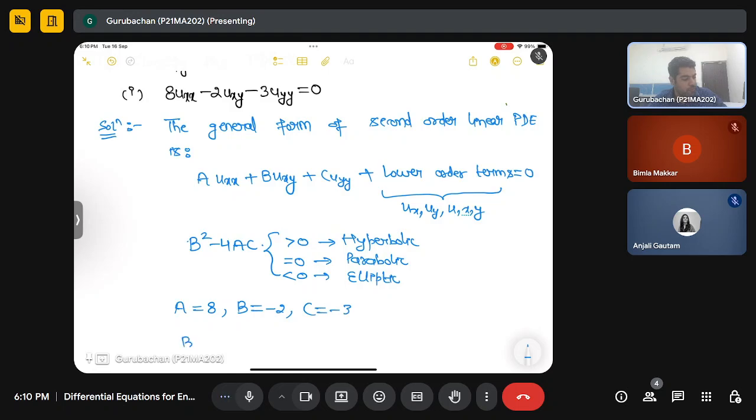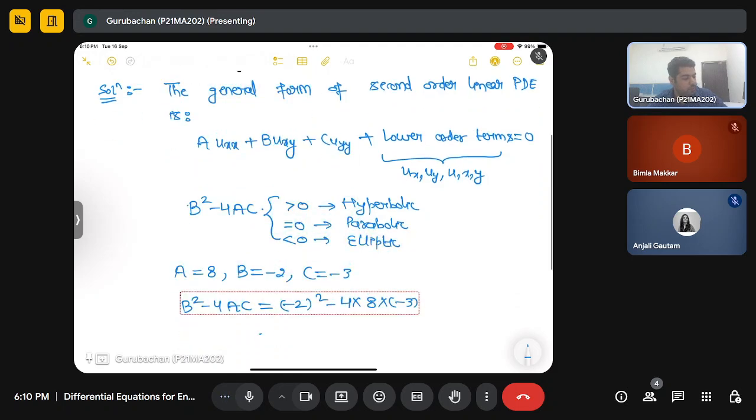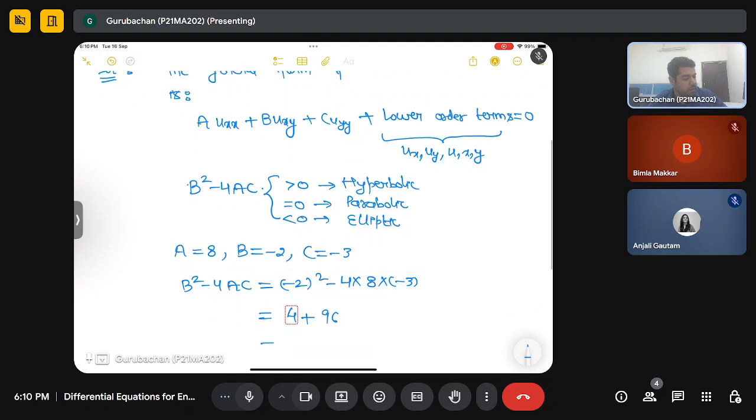So what will be B square minus 4AC from here? This will be minus 2 square minus 4 into 8 into minus 3. So this will give us 4 plus 96, that will be 100, which is a positive quantity.